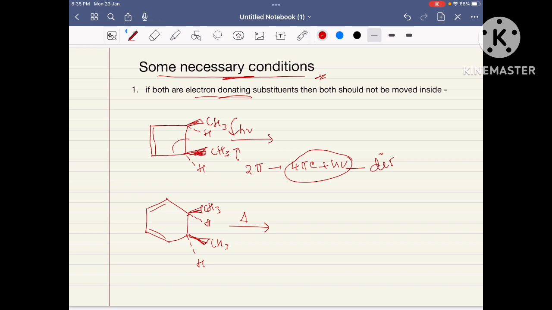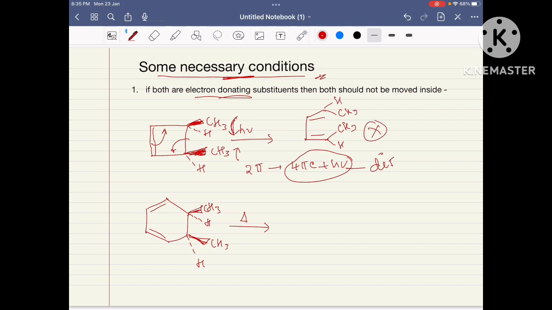First we'll write the basic product. If you are moving inside, this CS3 goes inside and H comes inside. So you are moving in this direction. This above group comes inside and H comes outside.